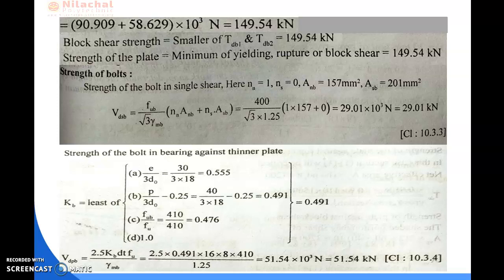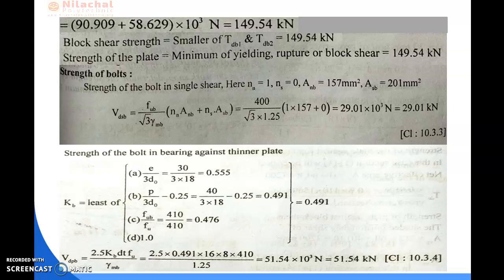That means the minimum value is the block shear one, which is 149.54 kilonewton. Hence, we concluded that the strength of the plate section in case of tension member is 149.54 kilonewton.